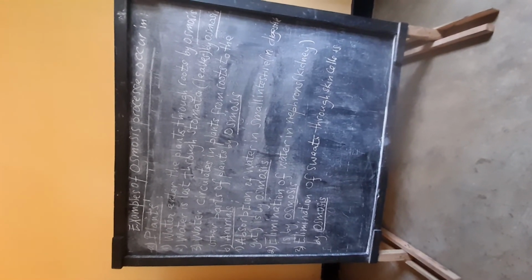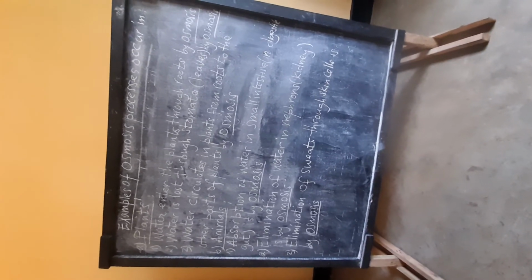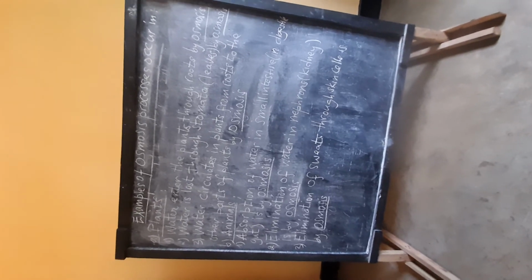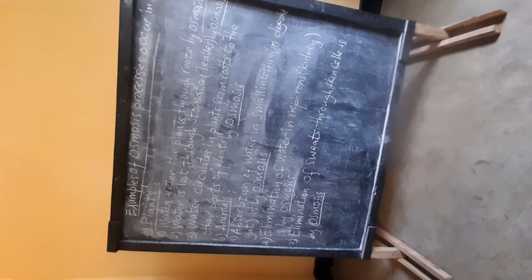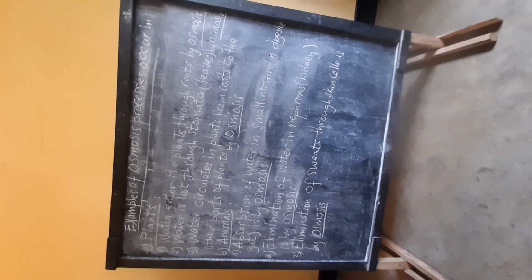And that release of water, the elimination of water, is osmosis, as it is the movement of water from a high water concentration medium to a low water concentration medium.